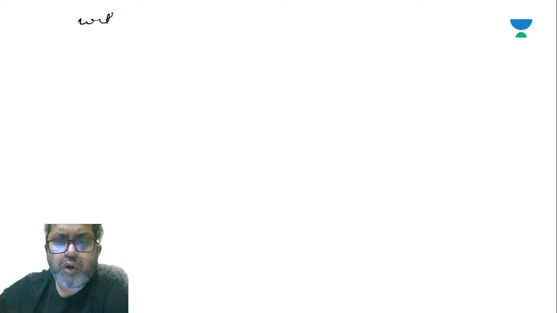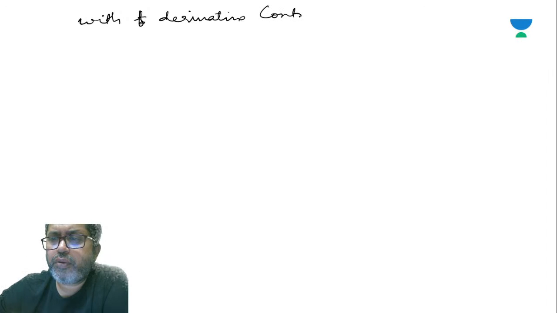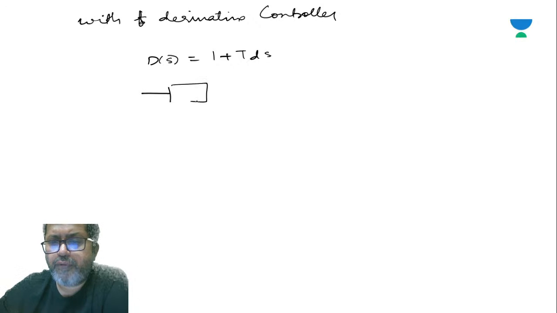With feedback controller, sorry, with the derivative controller, transfer function is 1 plus TDS. Okay, so with the derivative controller, this is GS, this is 1 plus TDS, this is equal to HS.